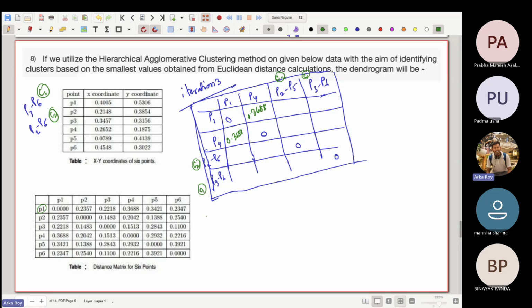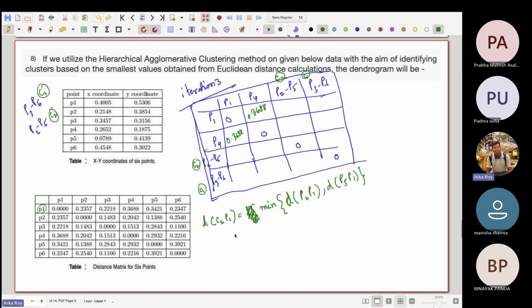Already we have seen how to calculate the distance between clusters and points. So C2 से लेके P1 तक का मेरे को distance calculate करना है. So for that I will calculate the individual distance between the points residing inside the cluster to the point concerned. So therefore I can write the minimum of D P2 P1, comma D P5 P1, right?